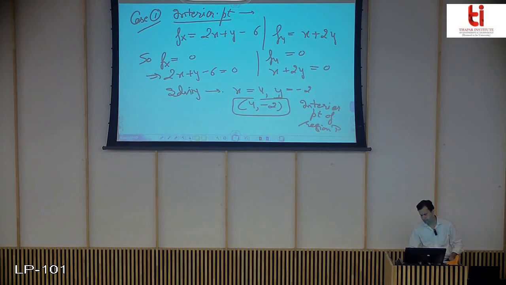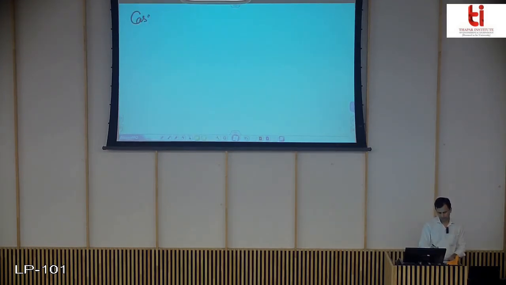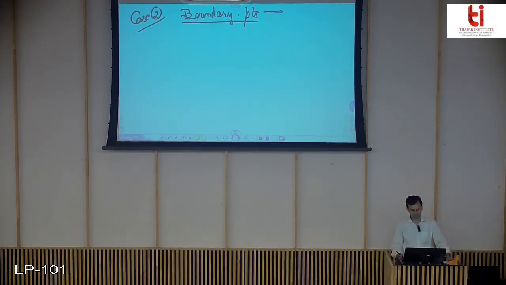In the previous example that we did, there was no interior point of that region R. The only points that we found were on the boundary. Now coming to case 2, the boundary points. One by one we will be looking at the boundary points where you can have maxima or minima.